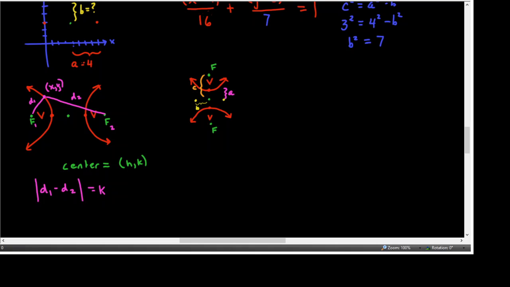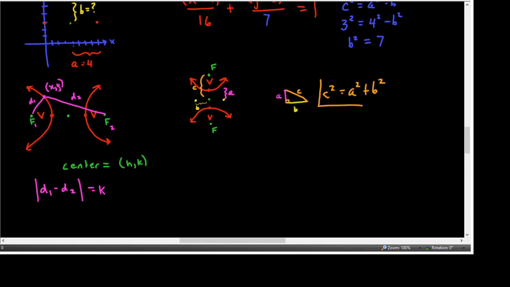And as it turns out, if I were to draw something that's b in length, and then perpendicular to that, something that's a in length, the c would always exactly fit to make a right triangle for every hyperbola. So this would be c squared equals a squared plus b squared.